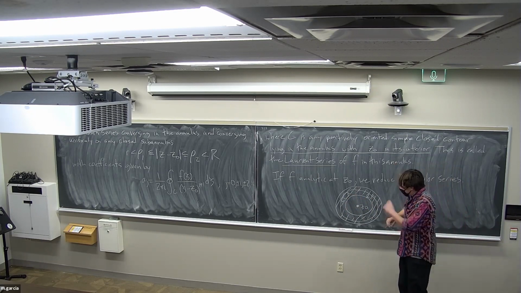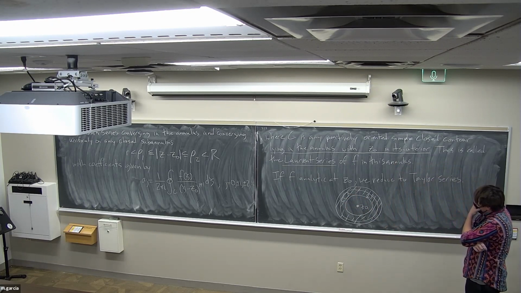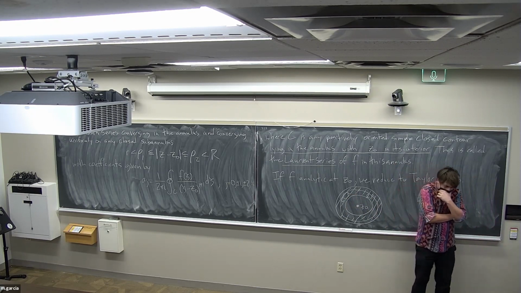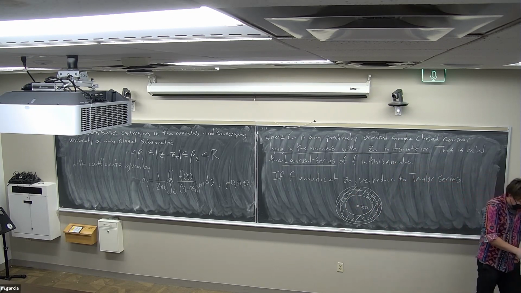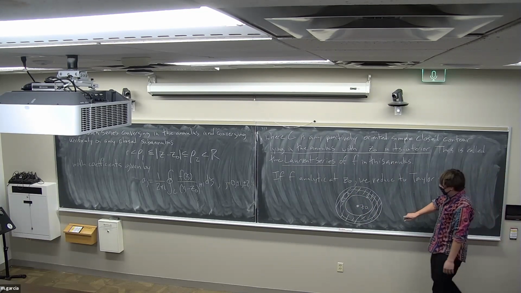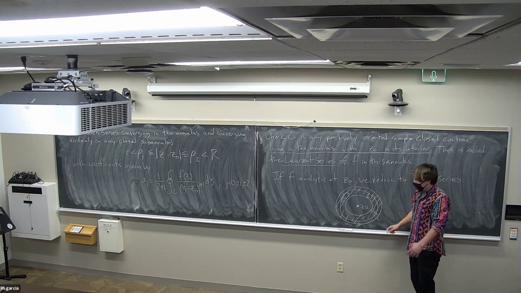So in order to do that, what we'll do is a very clever piece of contour integration, where we look at an annulus and break it up into 2 pieces.